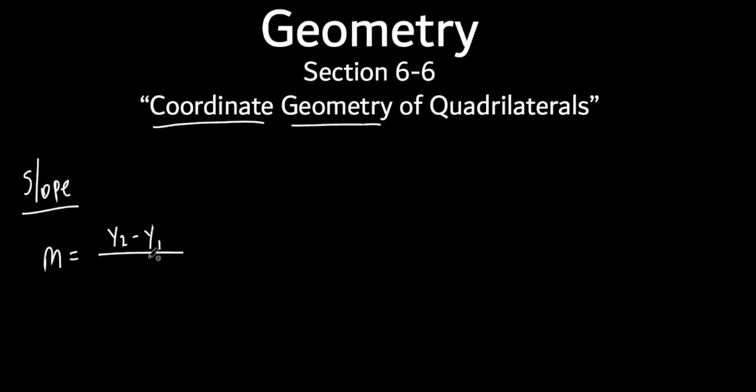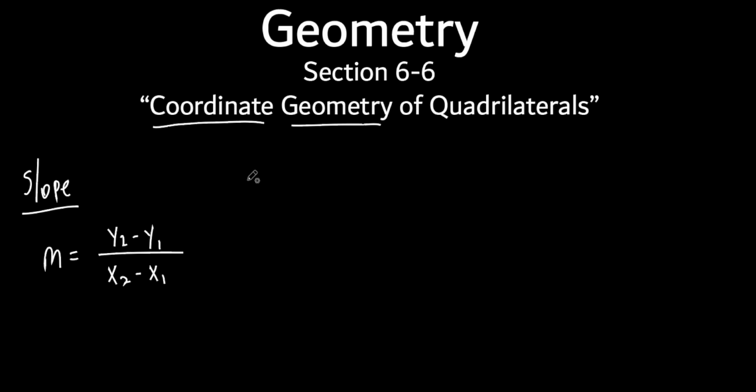Normally we put y2 minus y1 because that's what books do, but it doesn't really matter, as long as the x's are in the same order. I could have gone y1 minus y2, but on the bottom I would have had to go x1 minus x2. But this is the way books usually do it. So that's the slope.